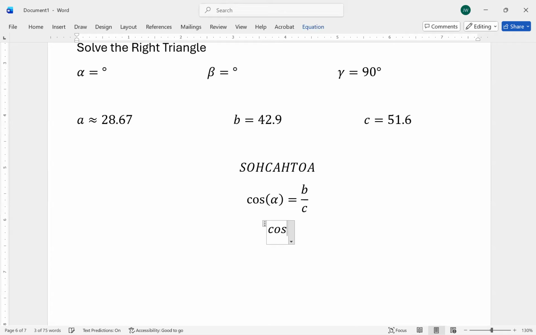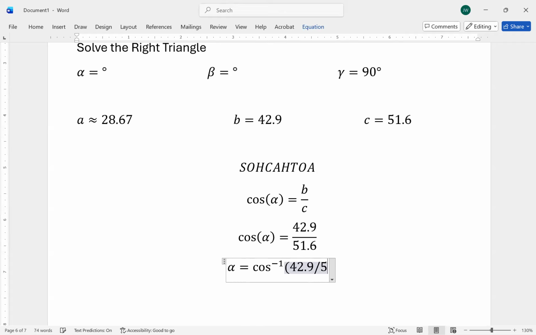So I know cosine of alpha is equal to 42.9 divided by 51.6. And that means my alpha, since the alpha is between 0 and 90 degrees, is going to be equal to the inverse cosine of 42.9 over 51.6.